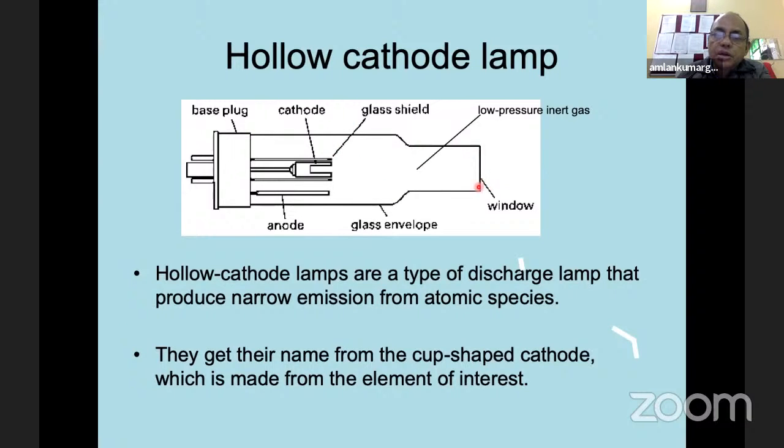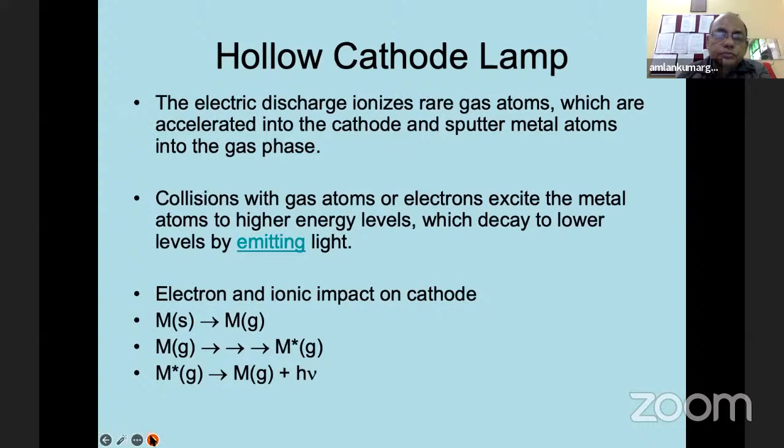Only this part is where the radiation can move, and hence it is called a window. So you understand, this is the most important thing that happens inside the hollow cathode lamp. It is the main part of the instrument because it produces the specific resonance wavelength.